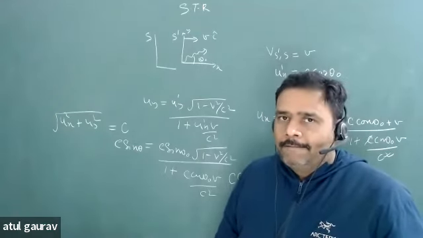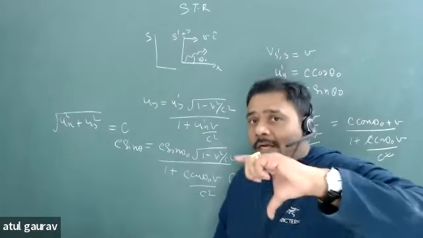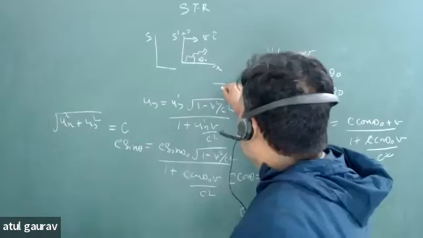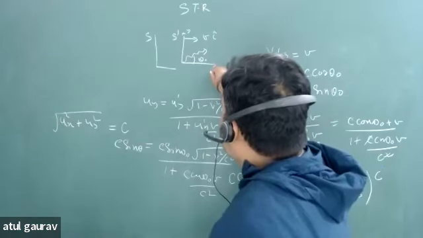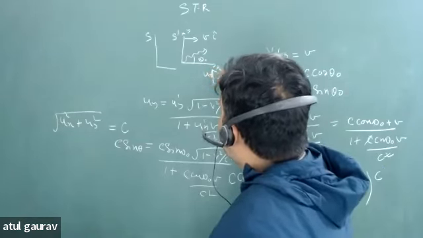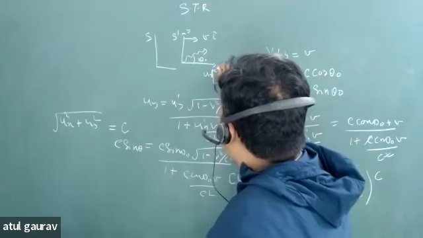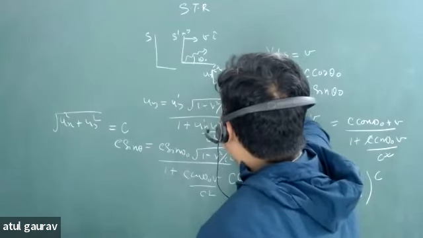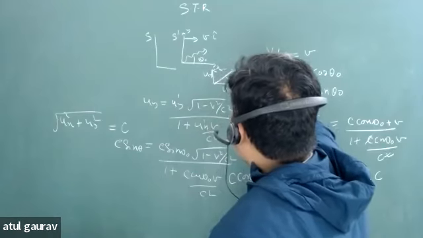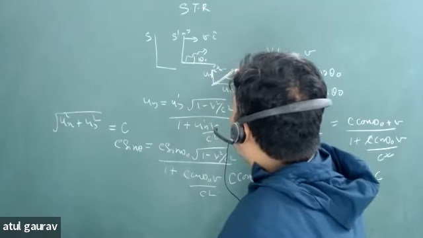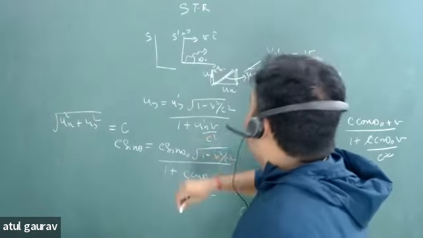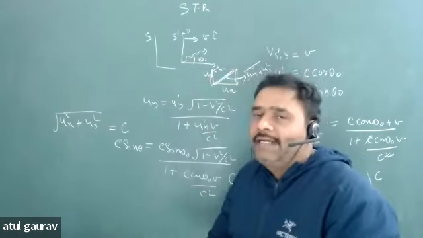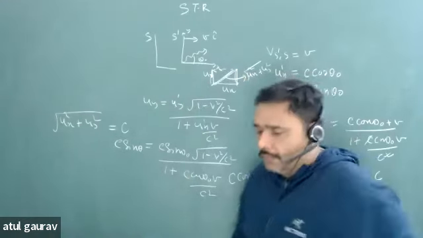But if I am talking about magnitude, this is your ux, this is your uy, and you can use the Pythagoras law, ux square plus uy square. So this value is not going to change. You can change this value, you can change this value, but you will change them such that this value will not change.